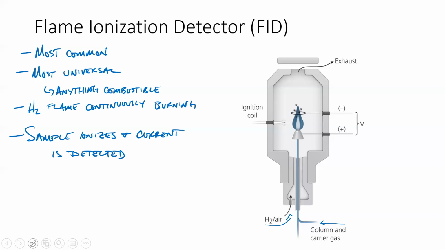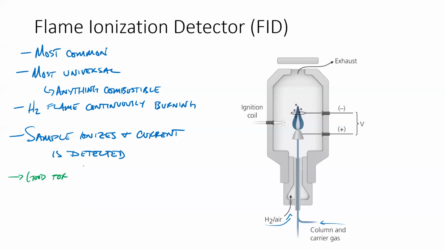A few key points about FID. Because it doesn't detect things that don't burn, things like nitrogen and carbon dioxide, it's actually very good for doing sort of air pollution studies, right? Because it doesn't detect air.